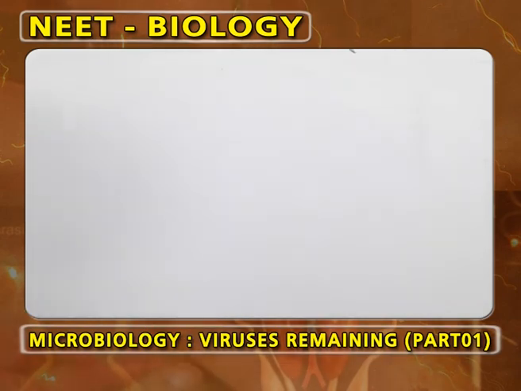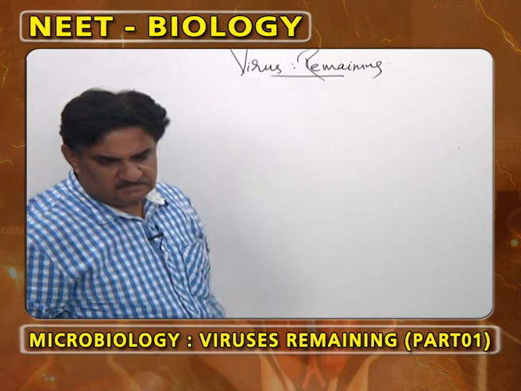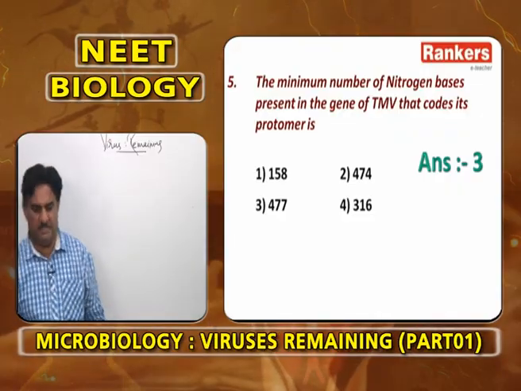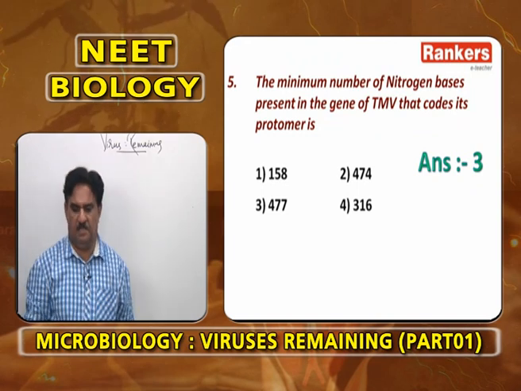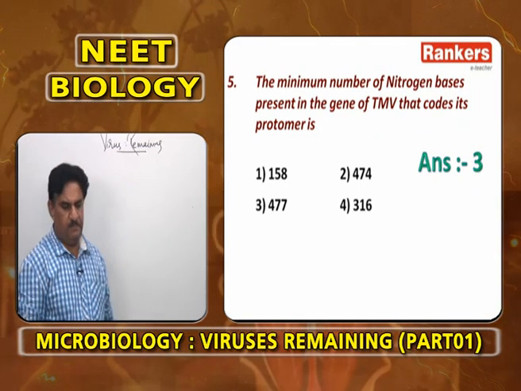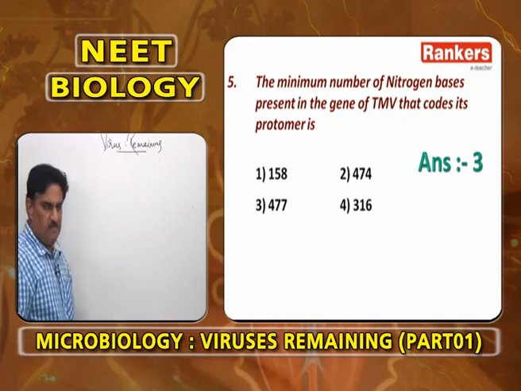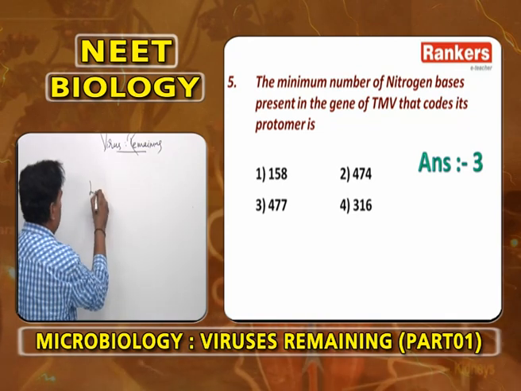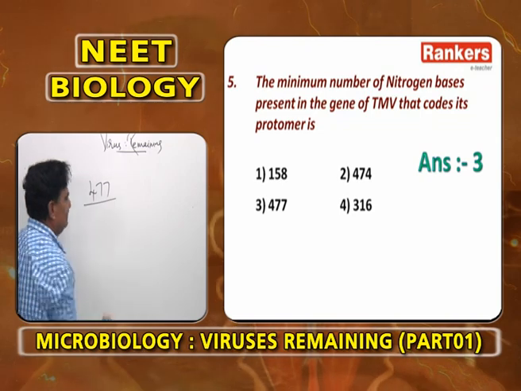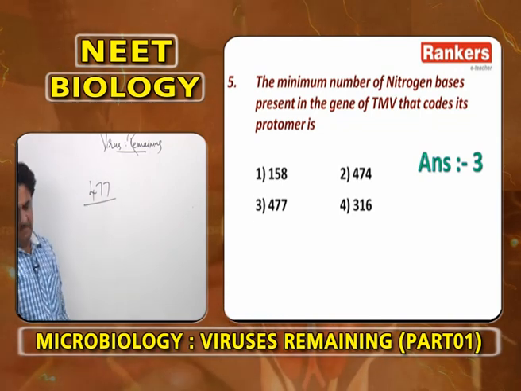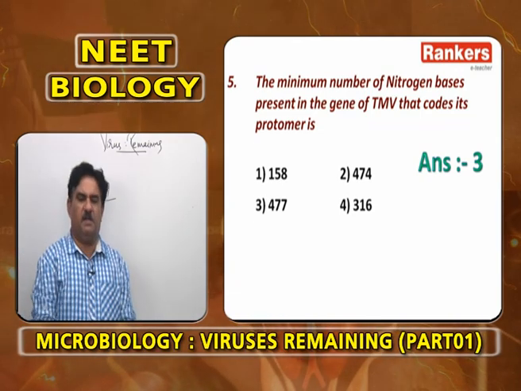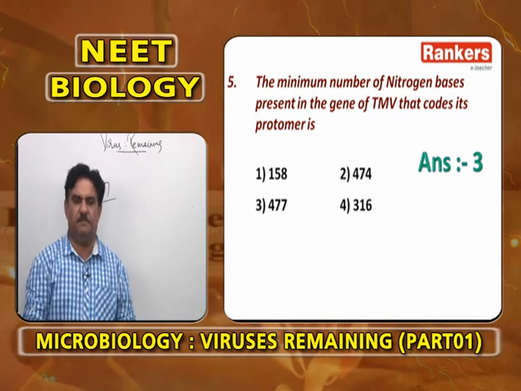To that number, if you add 3, you will get the minimum number of nitrogen bases present in the gene of tobacco mosaic virus that code a protomer, that code a protein in the capsomere. The answer is 477, that is 158 amino acids into 3 plus 3.